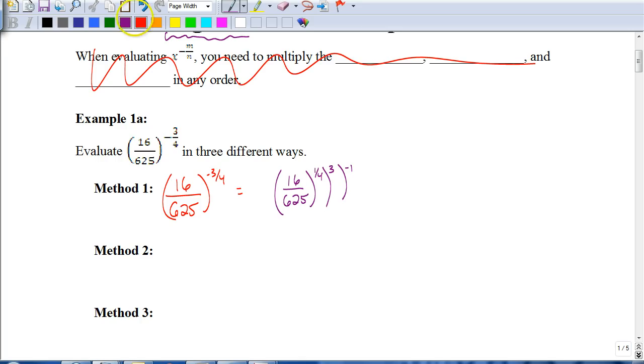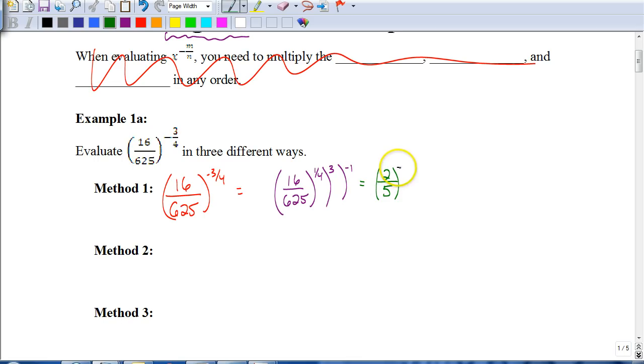So starting out with the 4th root, I would take the 4th root of 16 and the 4th root of 625, meaning what times itself 4 times is 16 and what times itself 4 times is 625. Well, the 4th root of 16 is 2 and the 4th root of 625 is 5.